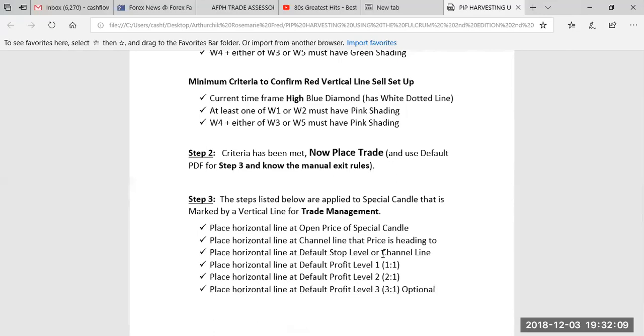If we're in a 15 minute on Pound Aussie, we'd know that it's a 30 pip take profit, and the channel say 106 pips. Then our default will become 106 because the channel's greater, and our profit level 1 has to be 1 for 1 for that. So stop loss level is going to be 106 pips, then profit level 1 has to be 106. And level 2 is just whatever your stop level distance is, multiplied by 2. Level 3 is just multiplied by 3.